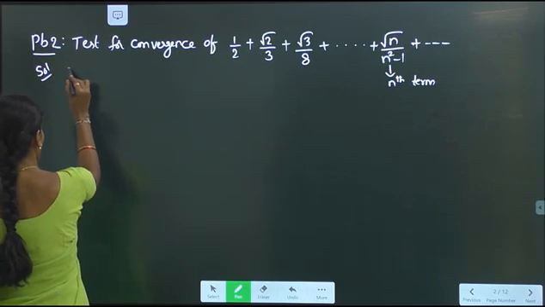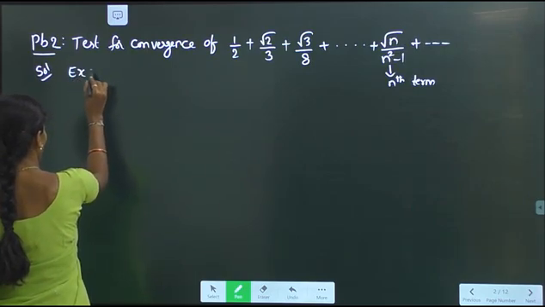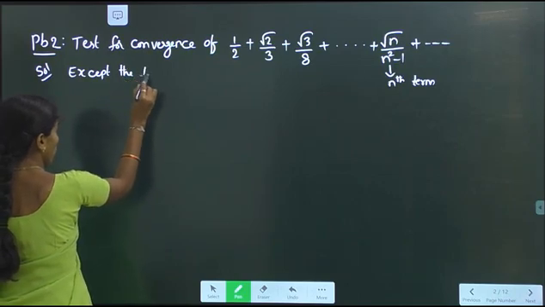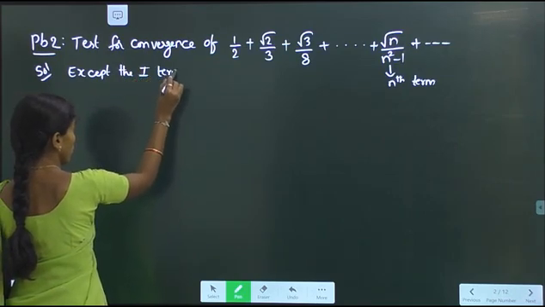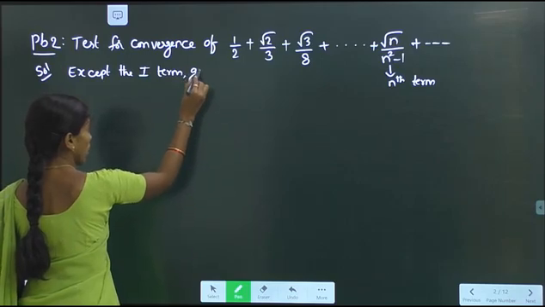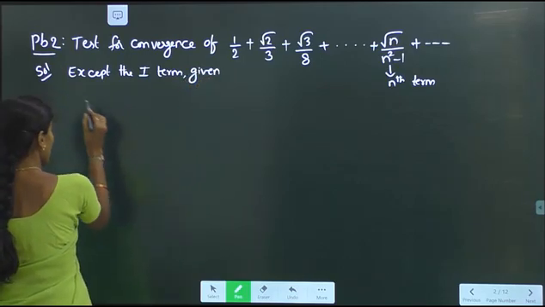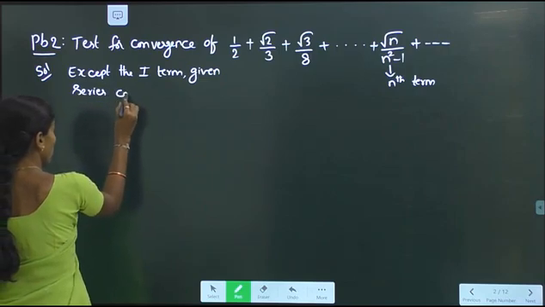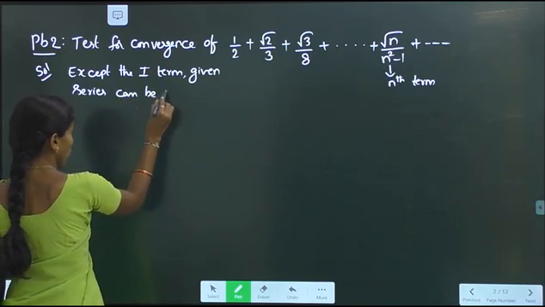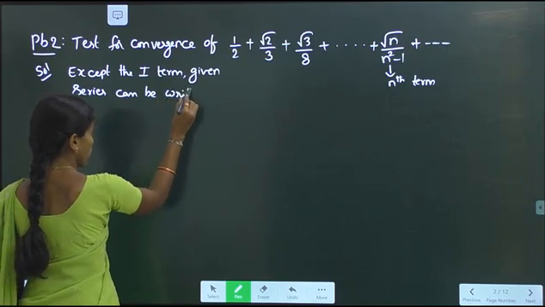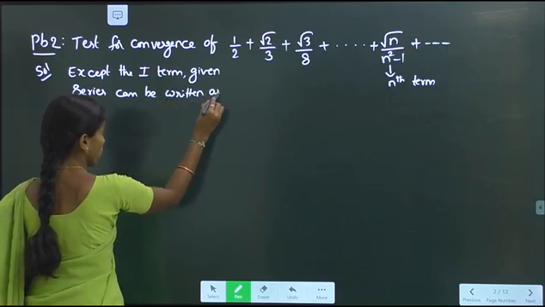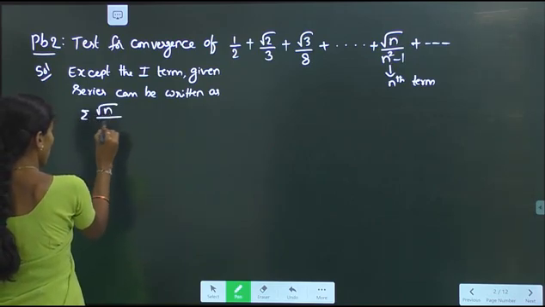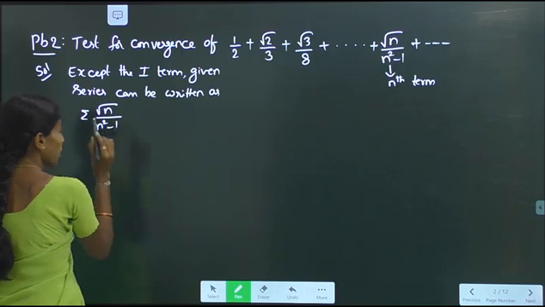So, except the first term, the given series can be written as sigma root n by n square minus 1.